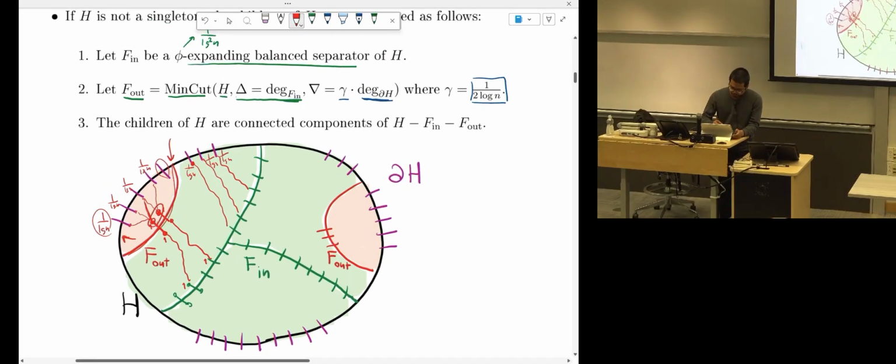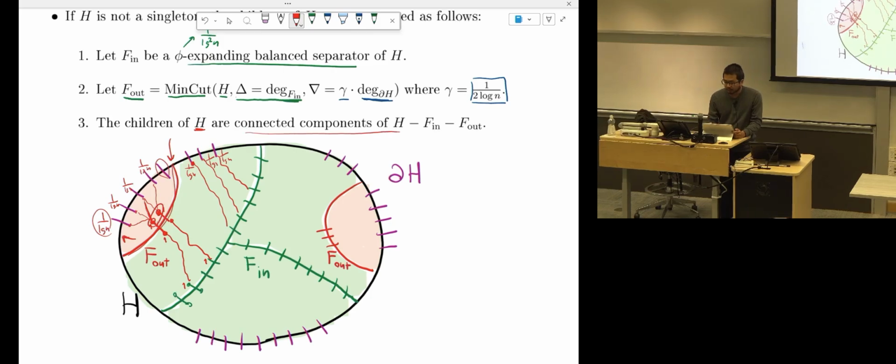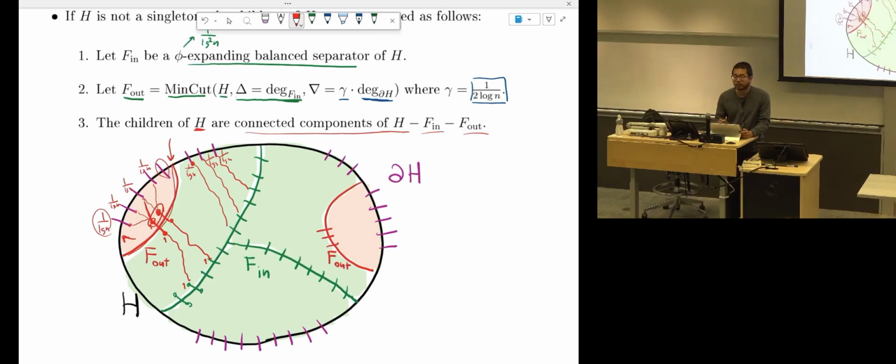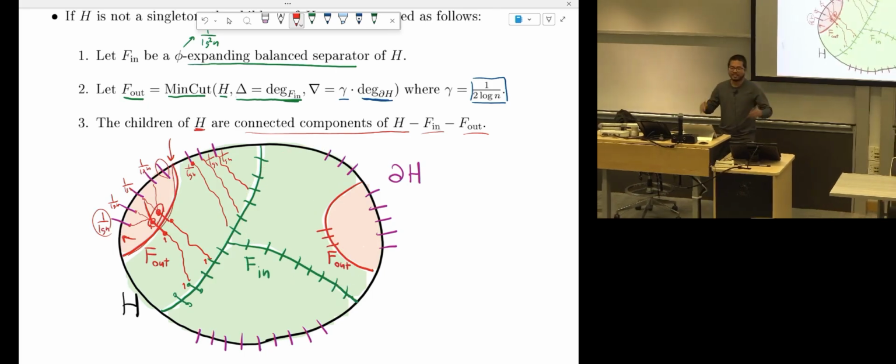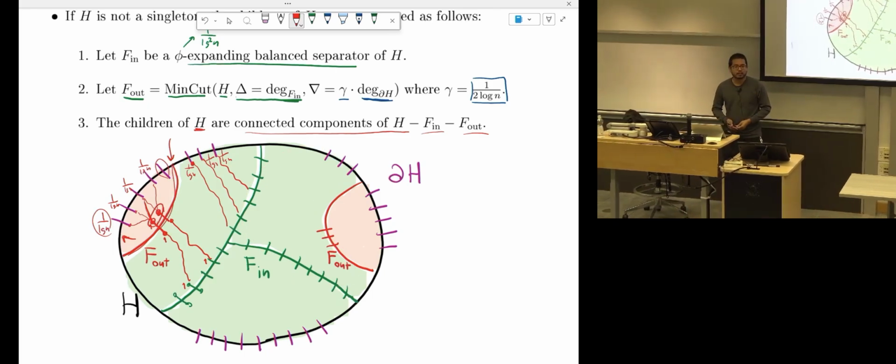And then, how do we define the children of H? The children of H is simply the connected components after you remove F in and F out. So it's going to be this component, this component, this component, this component, and this one. So that's how you define the children of the cluster.